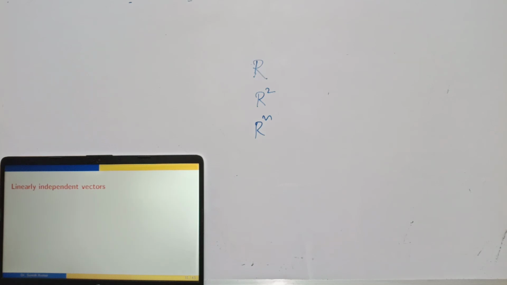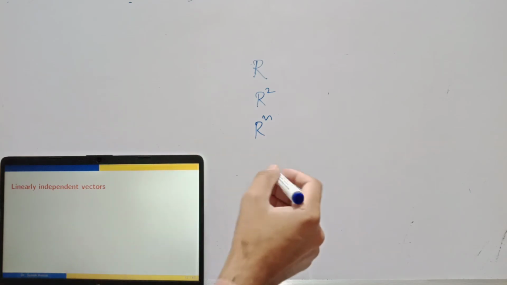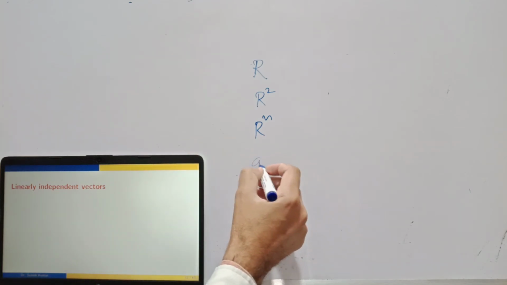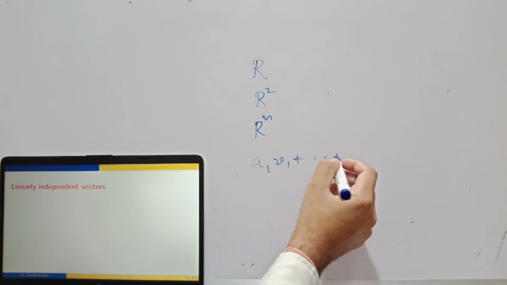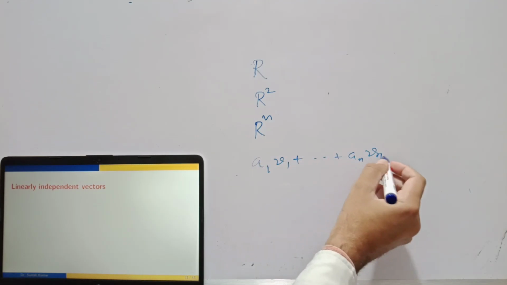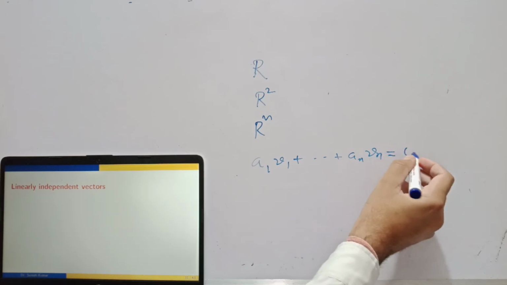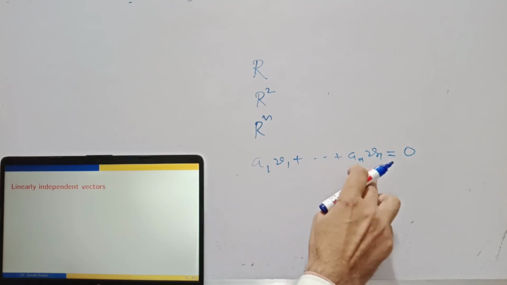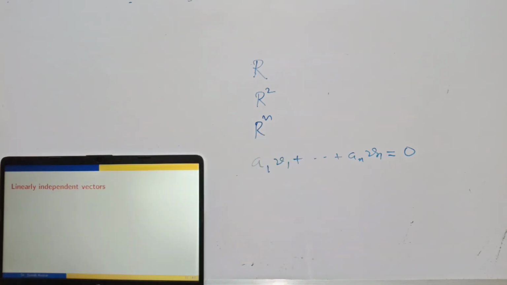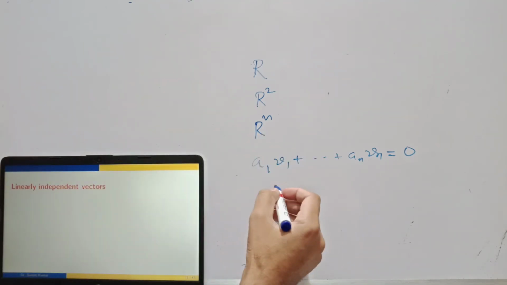The concept of linearly independent vectors is very important. How to check whether given n vectors are linearly independent: a1 V1 plus and so on, plus an Vn. Consider their linear combination, and put this linear combination equal to 0. After that, simplify this depending on the definitions of scalar multiplication and vector addition.